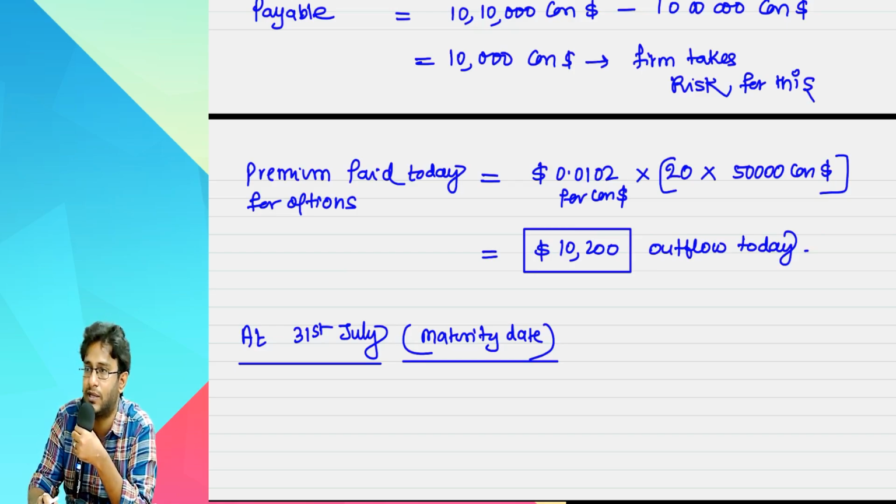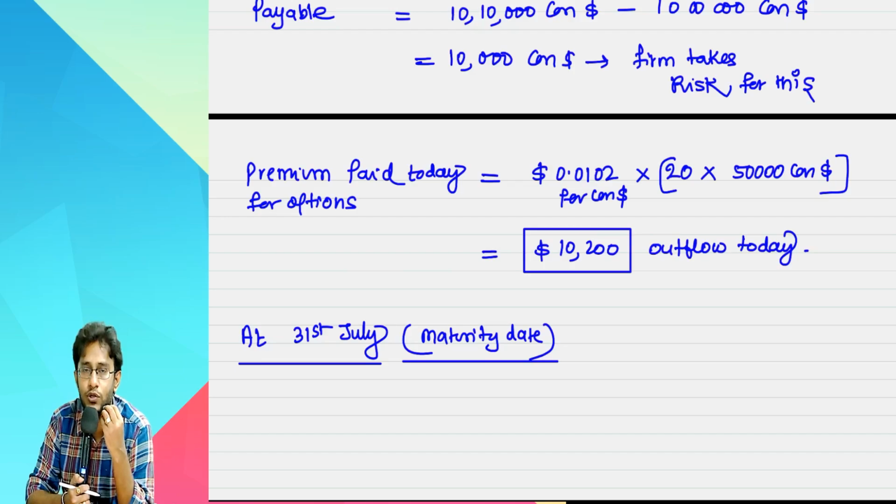Whether the option will be exercised or lapsed? Nothing is given. I told you what to do: you have to assume that the spot rate will be at such a level where the option stands exercised and therefore the payoff will also be received. The net effective cash flow, whether inflow or outflow depending on receivable or payable, will be equal to your strike price. Our point you have to close.